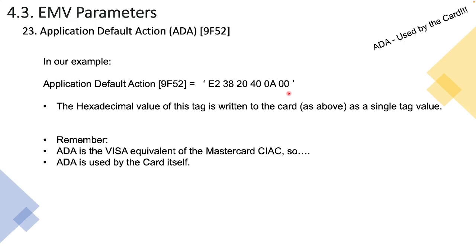It focuses mainly around MasterCard and Visa, and it doesn't have everything. There's lots of other EMV tags that are also personalized to a card that I haven't discussed, and you're welcome to do more reading and internet searching. Read through the EMV code specifications, read through the MasterCard and Visa specifications to better understand those.